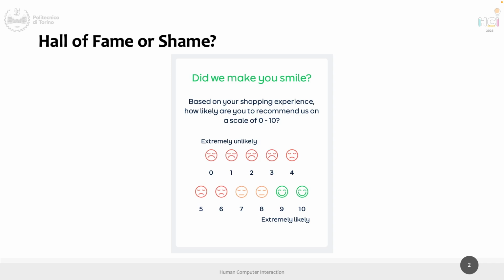So this is like a deceptive design pattern in a way, because which are the scores that are positive if you look at this? 9 and 10, but actually 6, 7, 8, 9, 10, or 5 also, because we start from 0, are on the positive side. But instead, 5 and 6 are depicted as negative, and 7 and 8 as neutral, and 9 and 10 as positive.